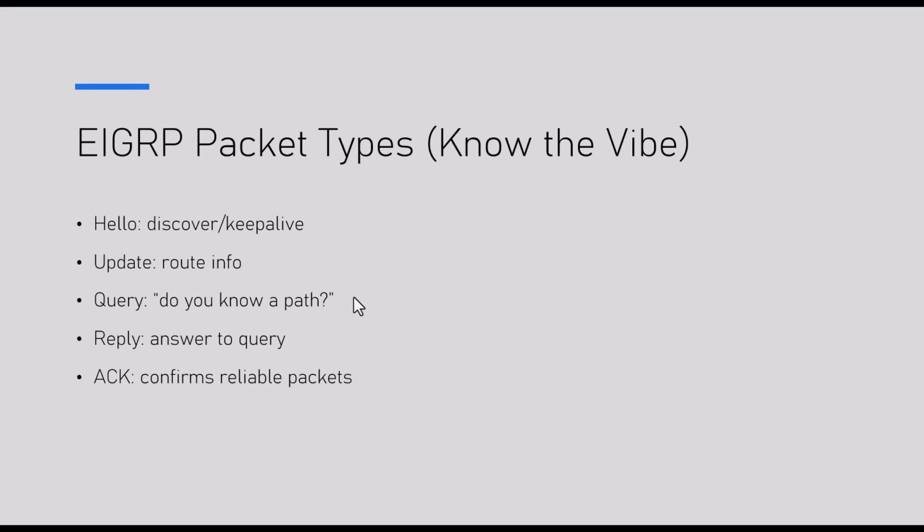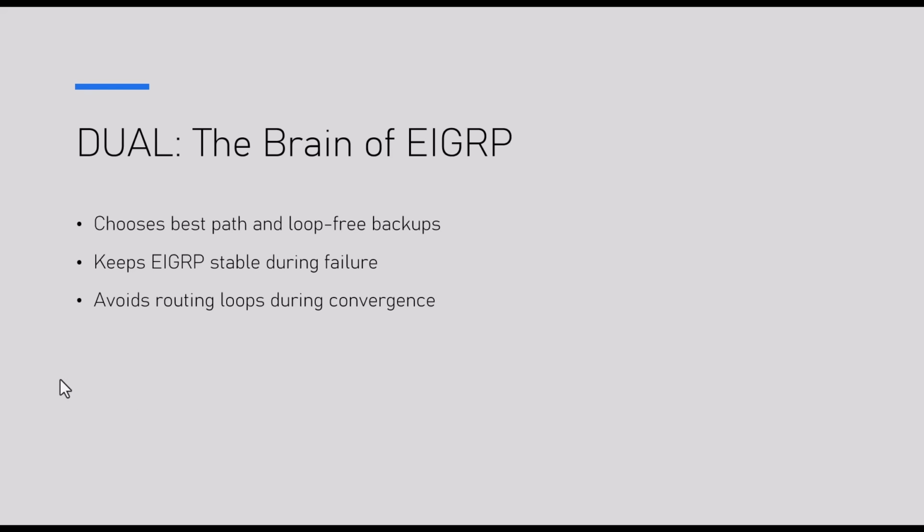This means that I am stuck in active mode for this specific prefix, and I'm just going to wait an unlimited amount of time until I receive a response from someone. And there are, of course, some ways to stop this from happening, but right now this is not going to be our concern. But what we need to know is these are the packets that we have, and also the ACK packet, which means that I have received the packets from you, so you should know that you don't really have to send it again to me.